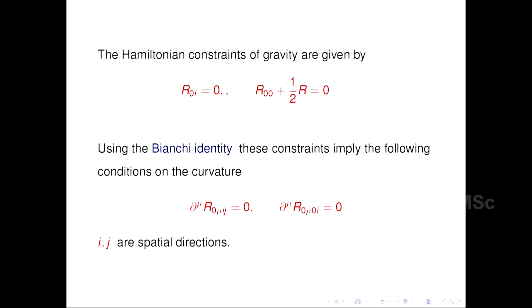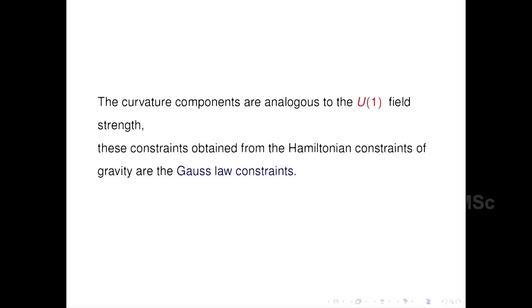And this, together with the Bianchi identity, admits a Gauss law-like description, like the Gauss law-like description that we saw in the U(1) theory. So the curvature components are analogous to the U(1) field, which is what we expected, and the Hamiltonian constraints become Gauss law constraints on that curvature field.